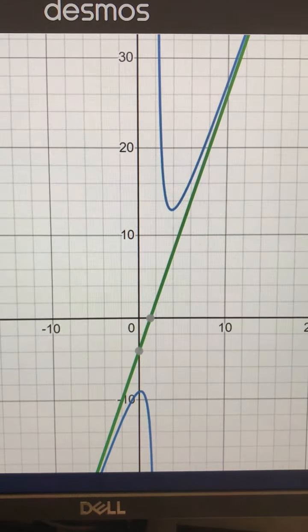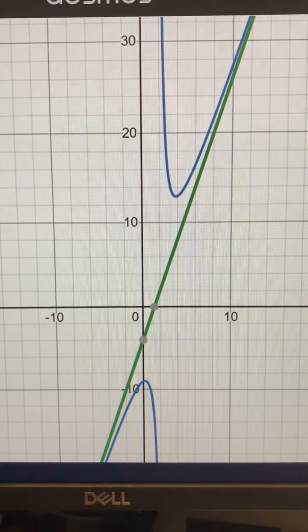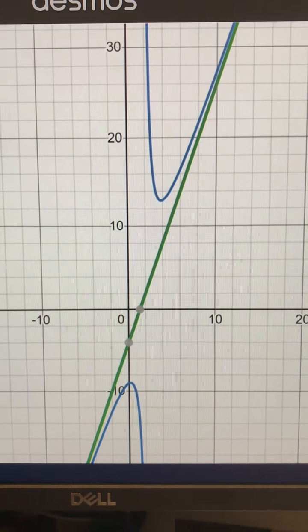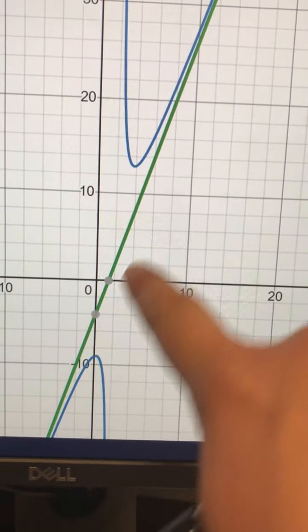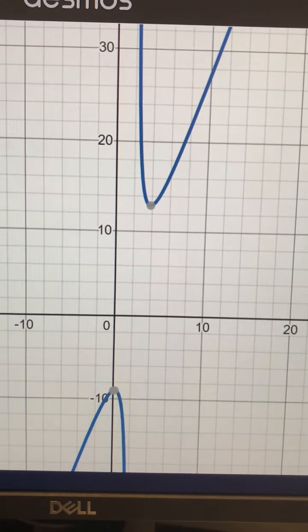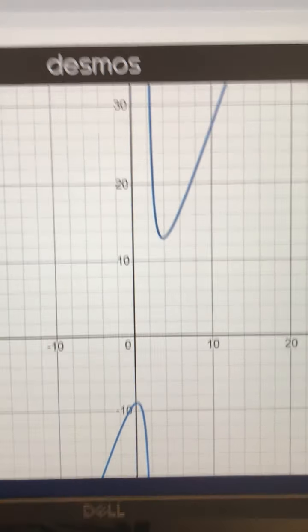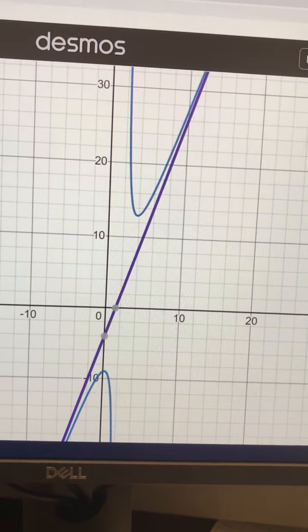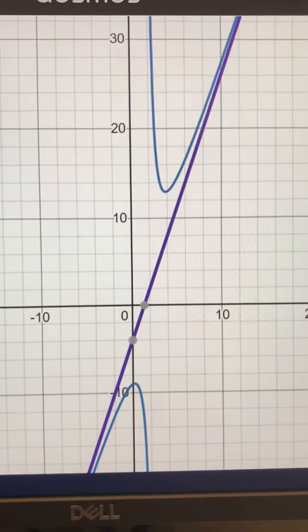So the blue is the rational function, and the graph is asymptotic to the line y equals 3x minus 4. So here's what the function looks like without the oblique asymptote, and then if we just wanted to put that on there to show what's going on, this time it's purple.